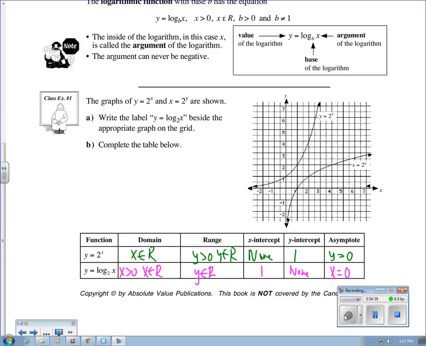So pretty typical for an inverse, if you can identify the domain, range, x-intercept, y-intercept, asymptote for the function, the inverse of that will have things flipped, x and y flip. So you should see a relationship between the domain of one function and the range of the other. The x-intercepts and y-intercepts flip their identification, and the asymptotes.